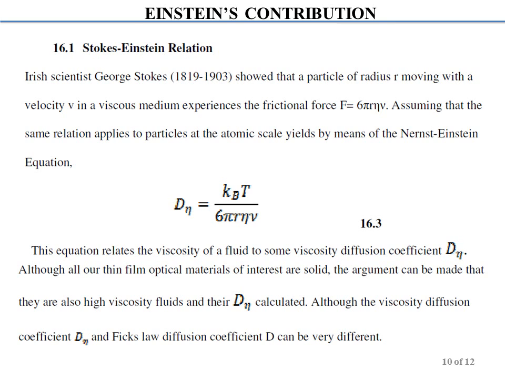Assuming that the same relation applies to particles on an atomic scale, then by means of the Nernst-Einstein equation, the diffusivity D equals the Boltzmann constant times temperature divided by 6 pi r eta. This equation relates the viscosity of a fluid to a diffusion coefficient.